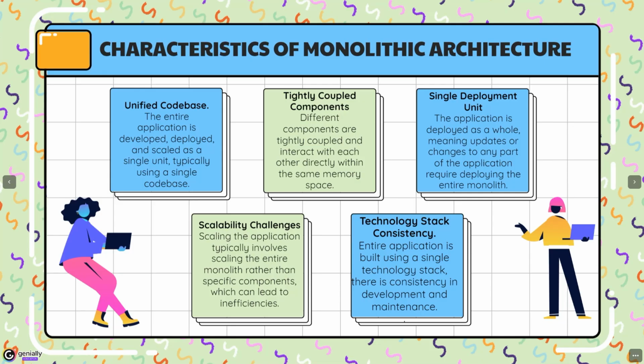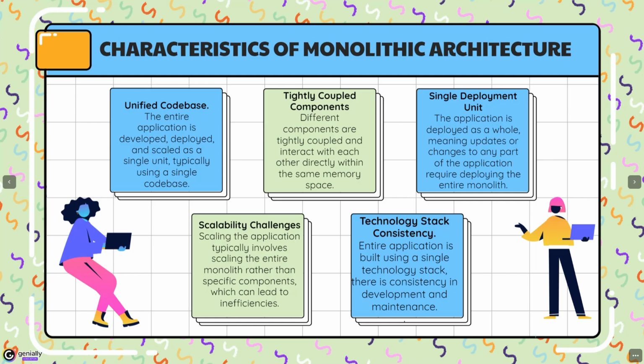Imagine a classic all-in-one device where every part is built into one seamless unit. This is monolithic architecture, a single unified code base where all components like the UI, business logic, and database access are tightly connected.